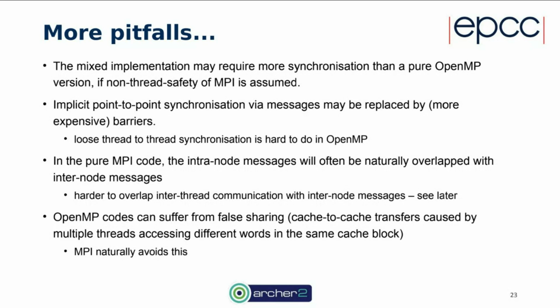Part of the reason for this is that this kind of loose, point-to-point, thread-to-thread synchronization is hard to do in OpenMP. It's not well supported by any of the OpenMP synchronization primitives.